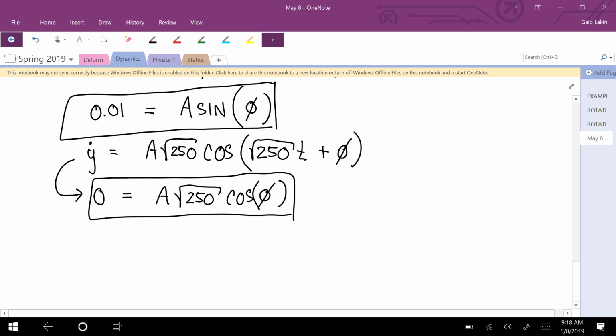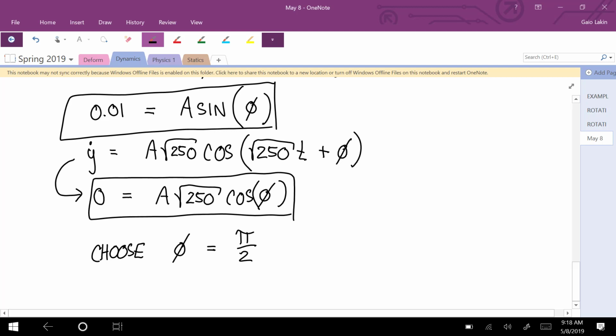So let's see. Let's choose phi to be equal to pi over 2. Because if we didn't choose phi equal to pi over 2 or 3 pi over 2 or something like that, we'd have to set A equals 0. We don't want that. That would be a trivial solution.